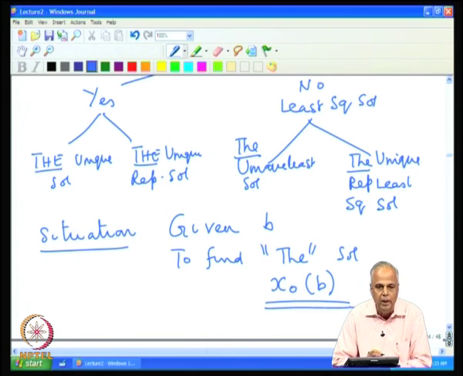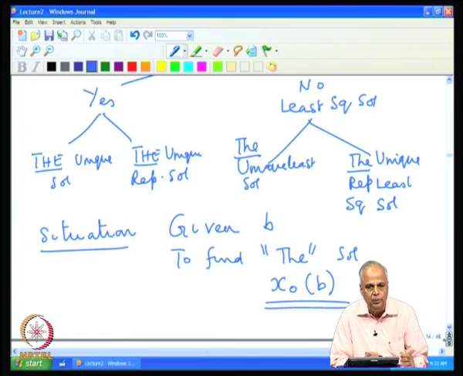This x naught b, again I repeat, will represent the unique solution whenever the unique solution exists, the unique representative solution whenever there are an infinite number of solutions, the unique least square solution when the least square solution exists and is unique, or the unique representative least square solution when there are an infinite number of least square solutions and we pick the unique representative.